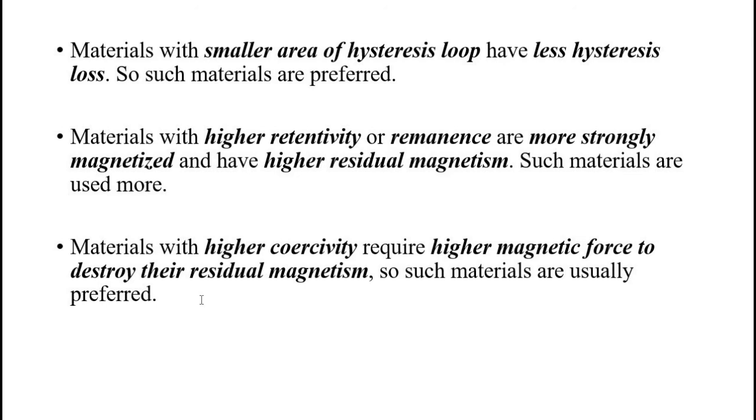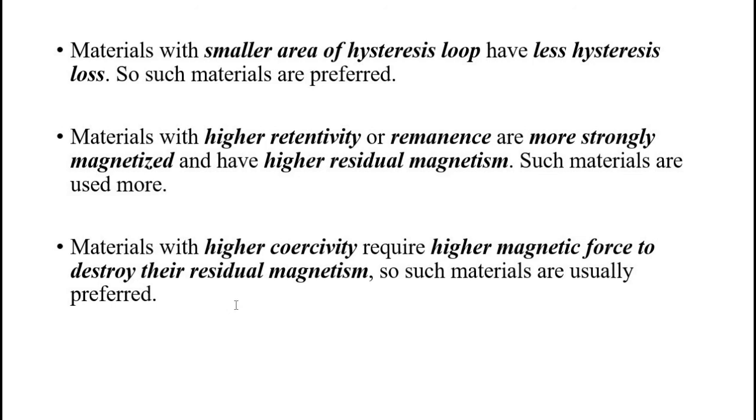Then retentivity or remanence gives us information about the residual magnetism. So the higher the retentivity or remanence, the higher the residual magnetism. So materials with higher retentivity are strongly magnetized and they are preferred more. Then coercive force, we know, is the magnetic force that has to be applied in the opposite direction to remove the residual magnetism, to bring magnetic flux density to zero.